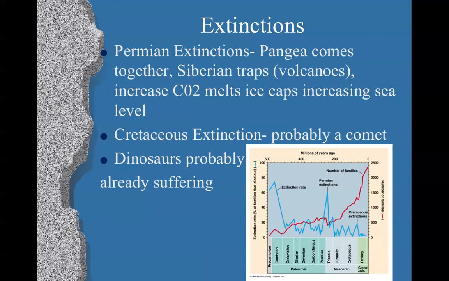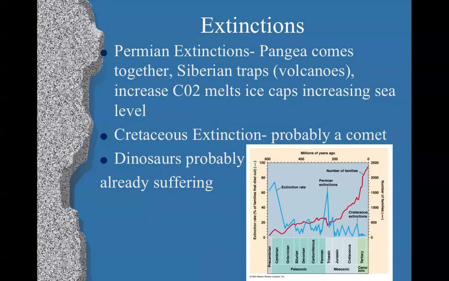So the Cretaceous event, as many of you are probably aware, we believe was caused by a comet that hit the Yucatan. Although there is still a lot of debate about what actually caused the extinction of the dinosaurs, and there is a lot of evidence to suggest that something was already causing the dinosaurs to suffer before that comet ever hit, and it was kind of just like the final nail in the coffin.